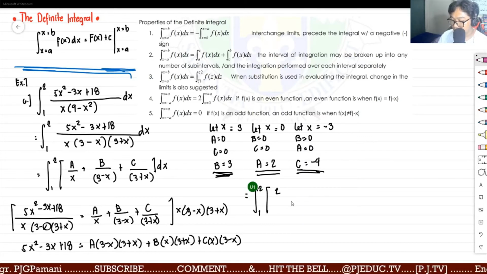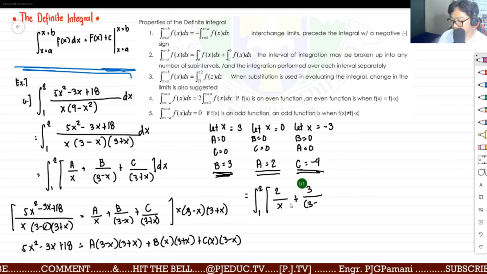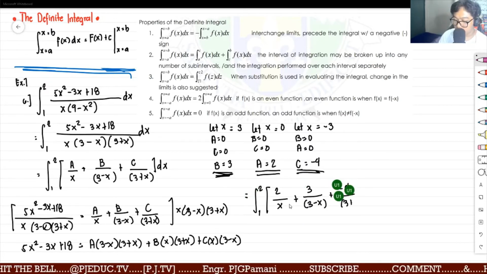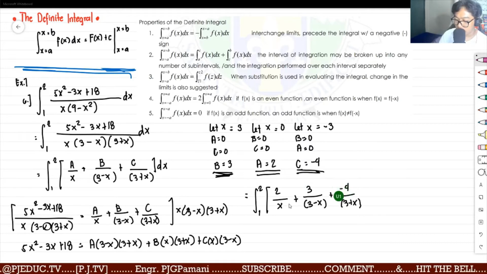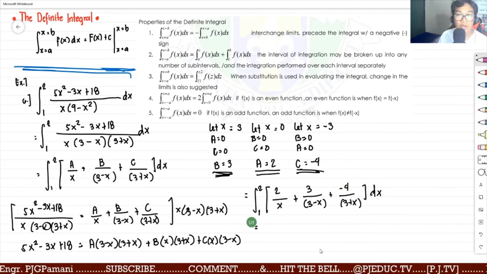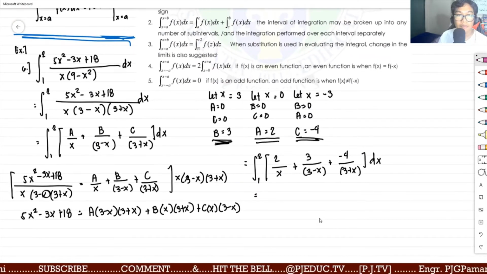A is 2 over x plus B is positive 3 over 3 minus x plus negative 4 over 3 plus x. Evaluate again, remember, by applying your basic knowledge with integral formulas.